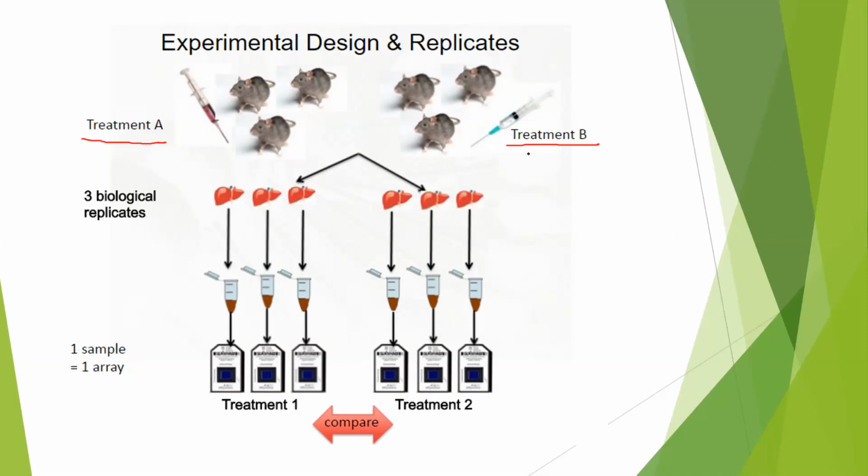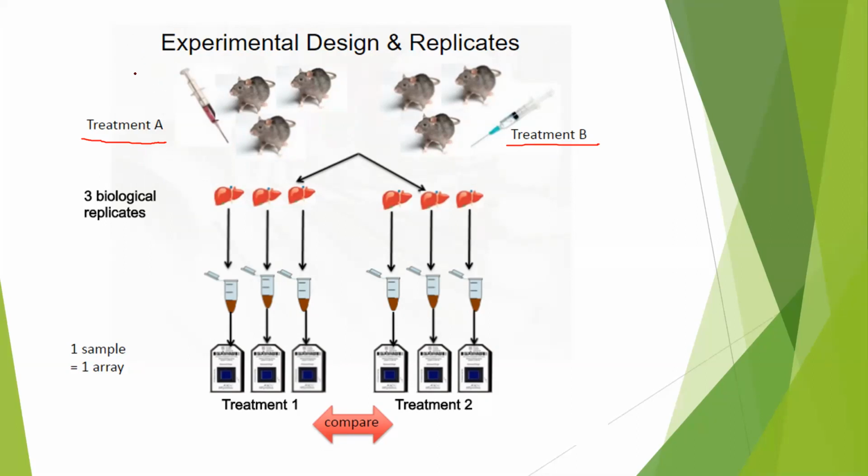In each group, we have several biological replicates, because we need replicates. Otherwise, the data is not trustable. If we want to use statistics to analyze the data and get some reasonable conclusion, we have to plan the replicates for each condition.